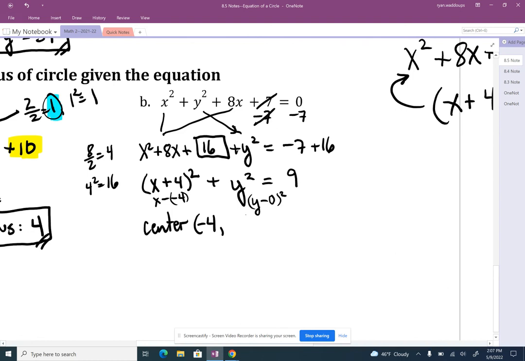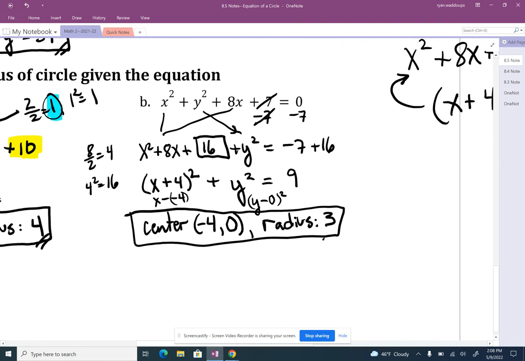Well, y minus 0. So my k value is 0. And then finally my radius is something squared equals 9, then that would be 3 squared is 9. And that's what the center and radius of this thing is.